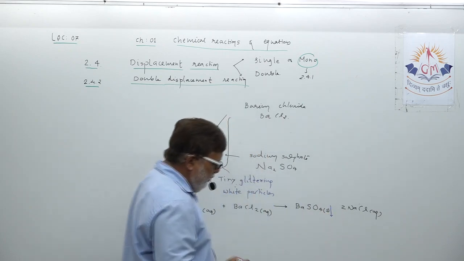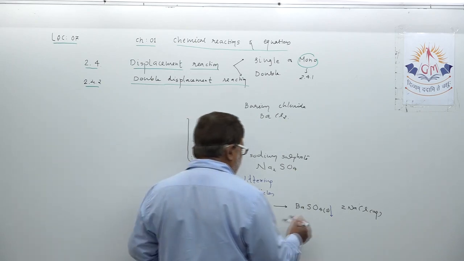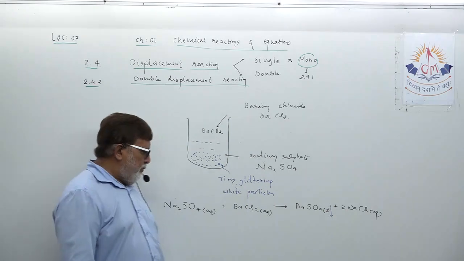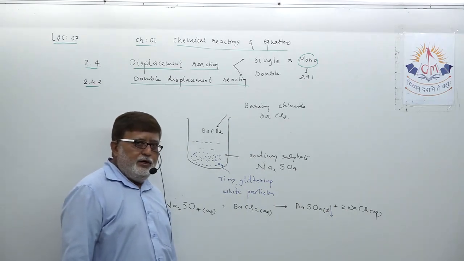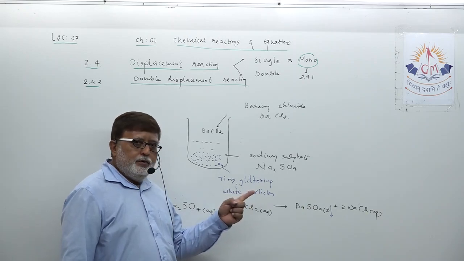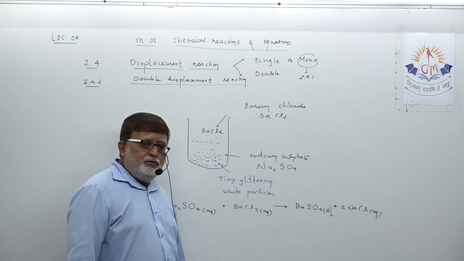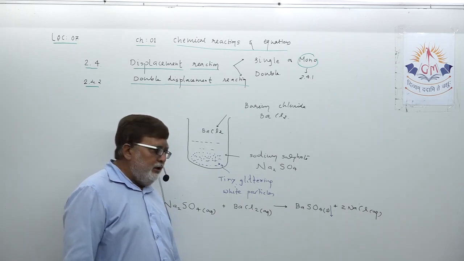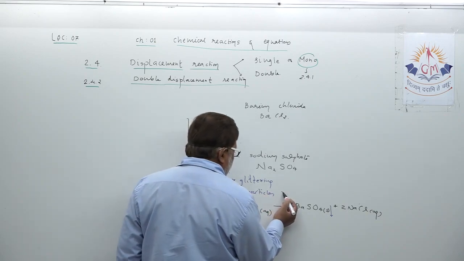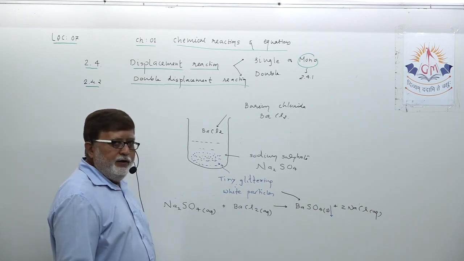I think I have explained to you the meaning of this. Understand what happened? When the reaction takes place between sodium sulfate and barium chloride solution, they form sodium chloride solution by exchange of ion. At the same time they also produce tiny white particles of barium sulfate.